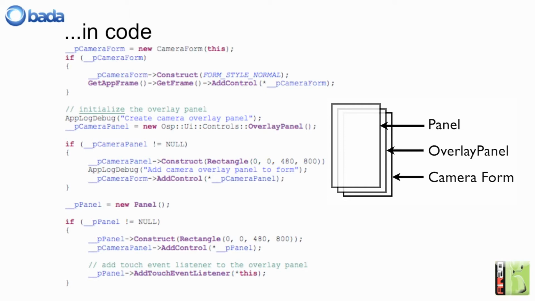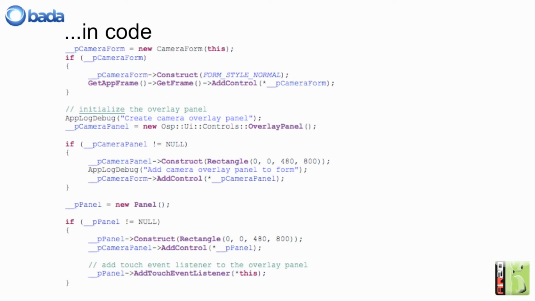At the top of the screen, we have an options key, which allows you to enter in-game options to maybe turn off the sound or turn off the vibration. Again, another touch event. So as that's the top layer, we add a touch event listener to that. We pass this pointer because that will require us to override a number of pure virtual methods to obtain touch events. So that is pretty much how we achieve the layered architecture for our game, and making use of the touch event listener, we can pick up touch events when you're interacting with the game.